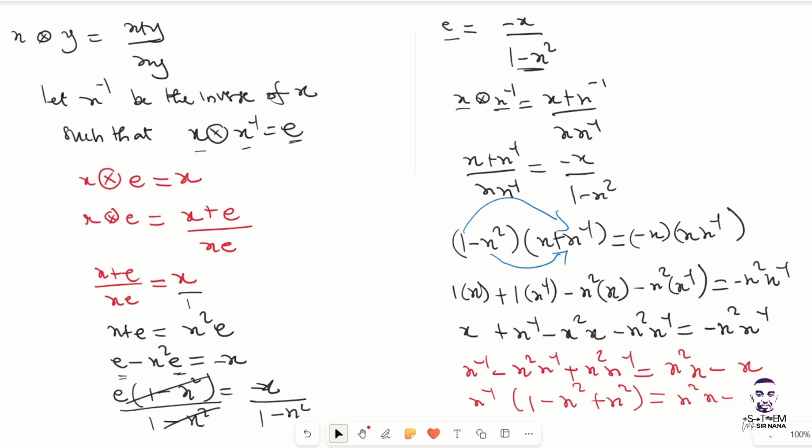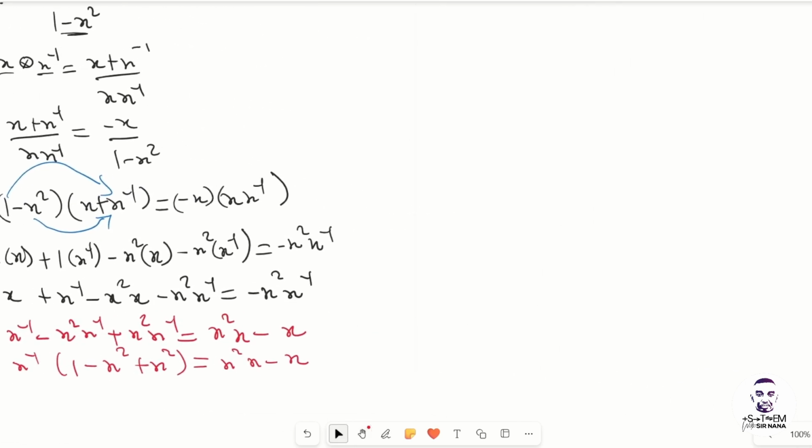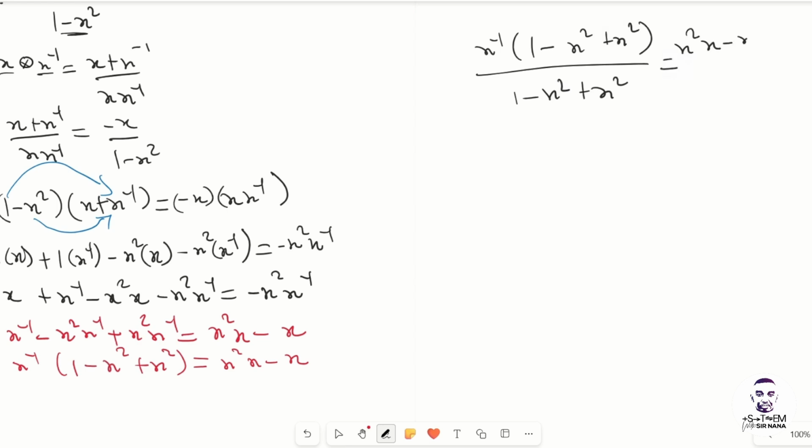So in this case, we can divide both sides by the coefficient of the x inverse. So we are going to have x inverse times 1 minus x squared plus x squared, all over 1 minus x squared plus x squared, to be equal to x squared x minus x all over 1 minus x squared plus x squared, right?